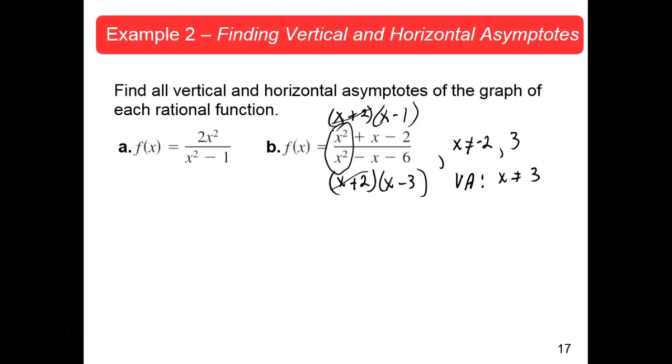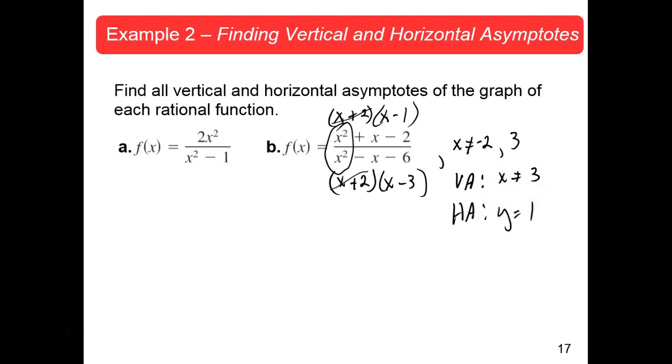And what is that? 0? Oh, wow. Our leading terms are zeros. That means we don't have a polynomial, does it? Which doesn't mean we don't have a rational fraction. No, I don't think it's 0. What's the ratio of x squared to x squared? 1. So horizontal asymptote would be y equal 1.